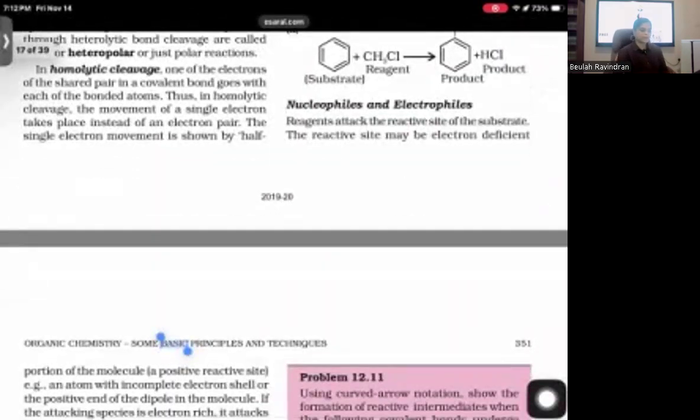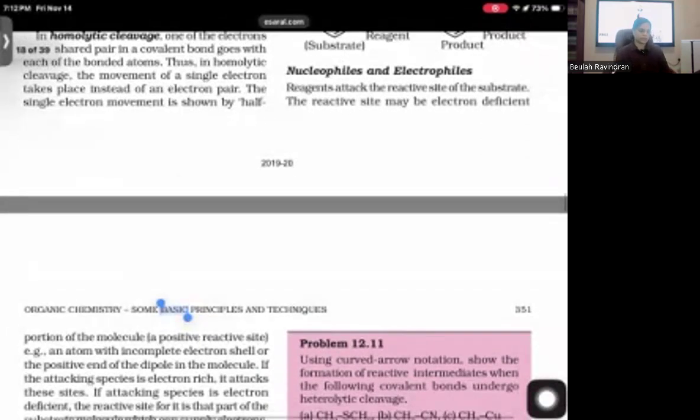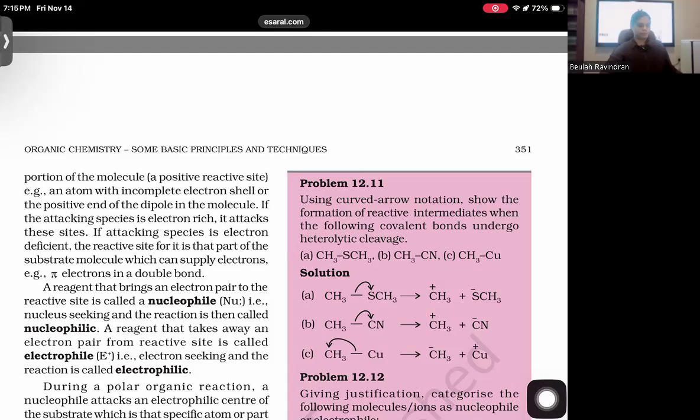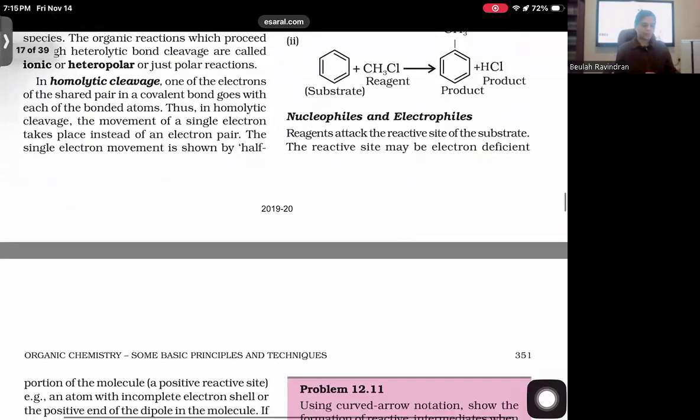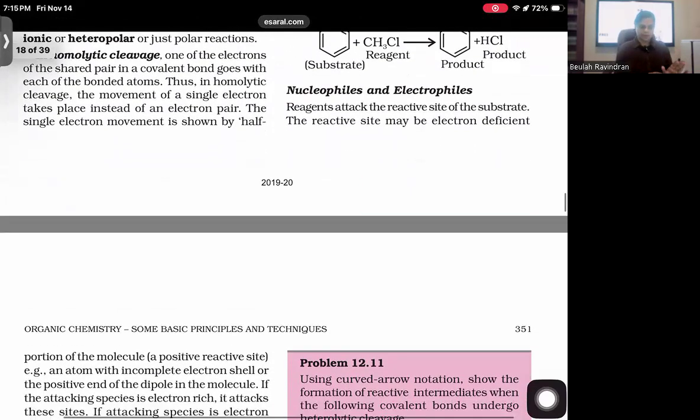Reagents attack the reactive site of the substrate. Reagents definitely attack at the reactive sites.